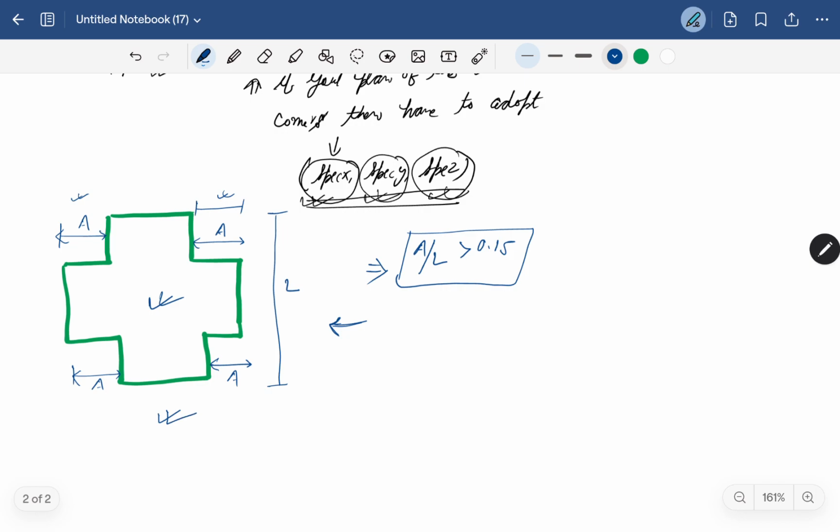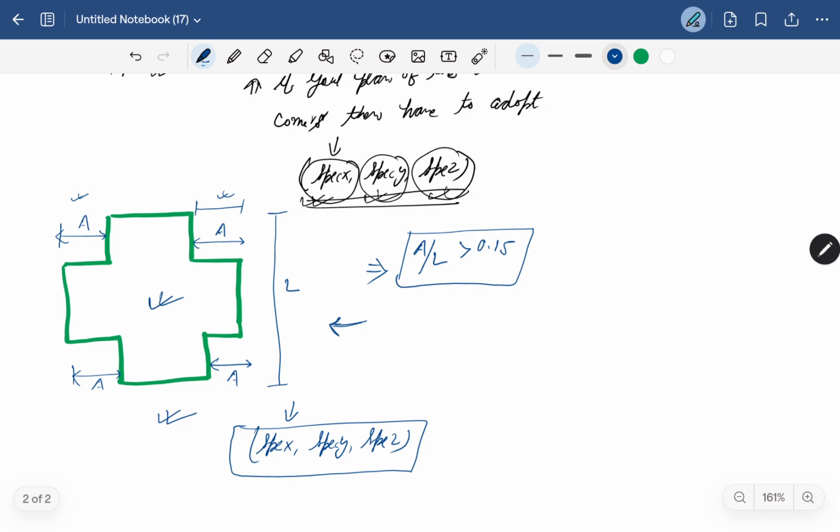So in this case also you will have to apply the same: when you go for the analysis, you have to apply spec x, spec y and spec z, meaning three-dimensional dynamic analysis.